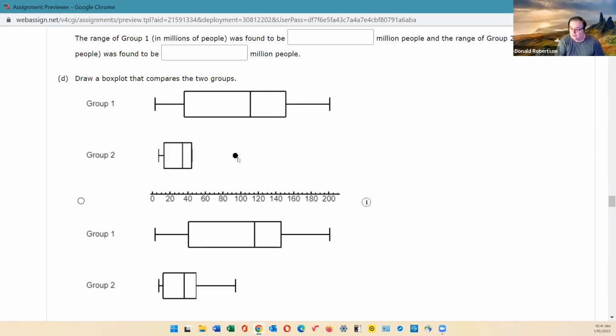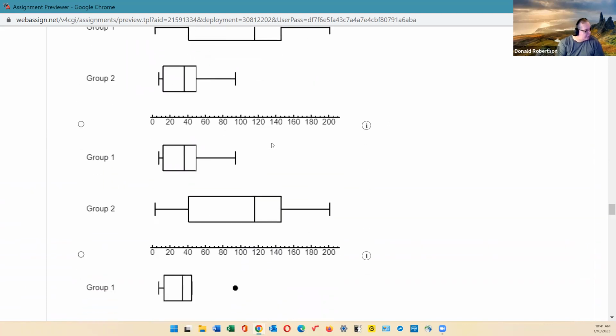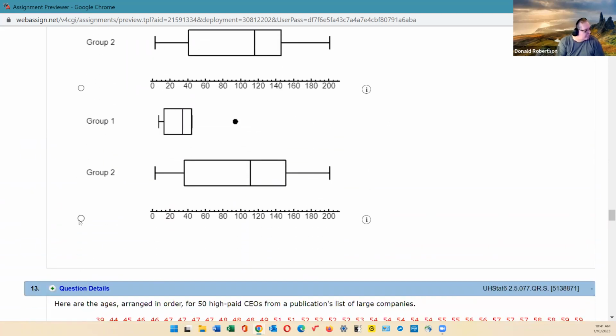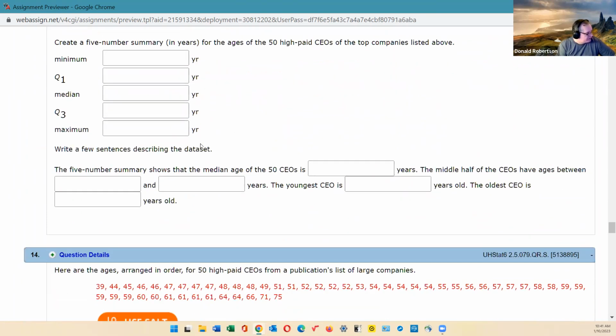So check for outliers as well. And then one of these pictures is going to be the right one. I have no idea what it is, so let's pretend it was that one, right? And that's the picture that you've got that looks closest to them is the one that you do. On the other hand, do you see that you've now got a Sault button with a big set of data?